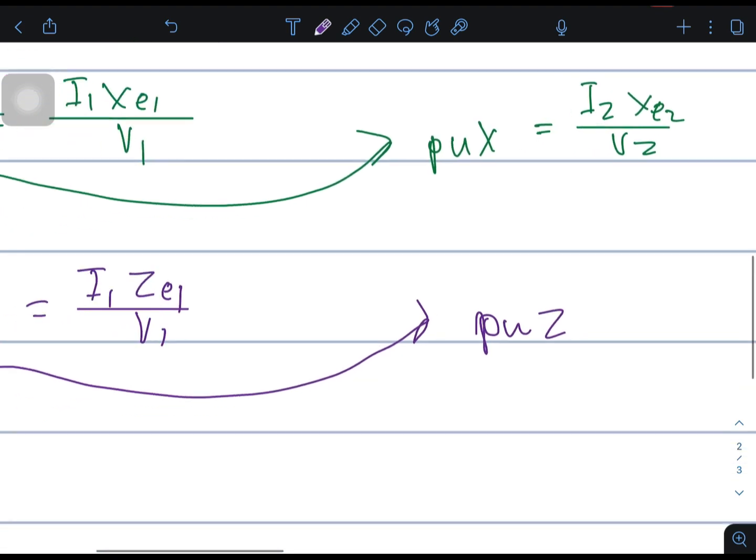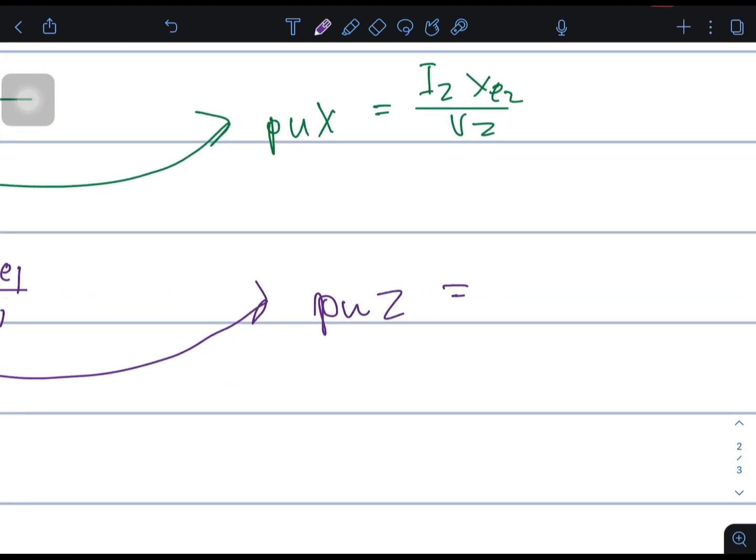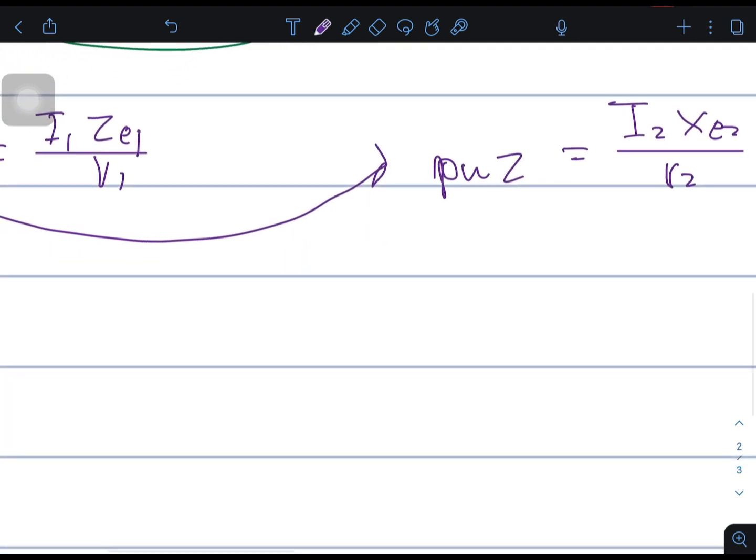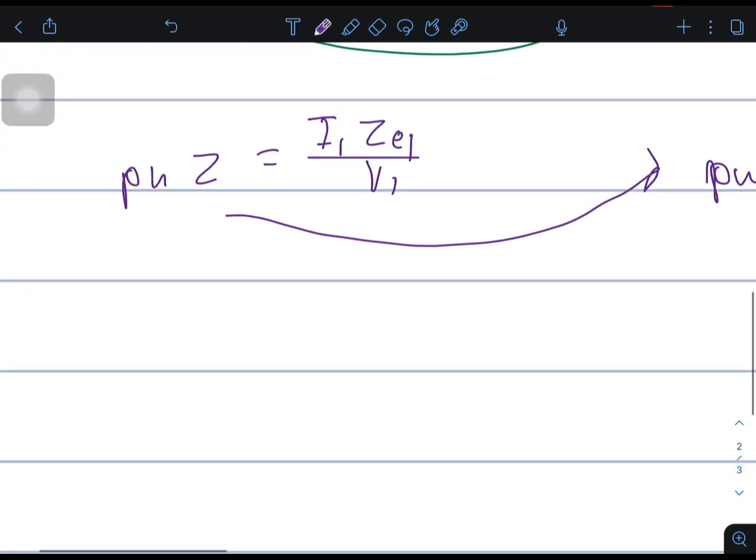Z is equal to I2, ZE2, V2. Okay, this is the first reason why manufacturers give us values in per unit value.